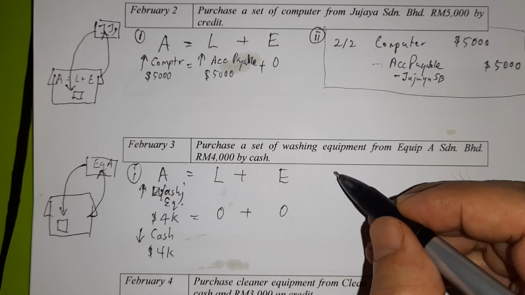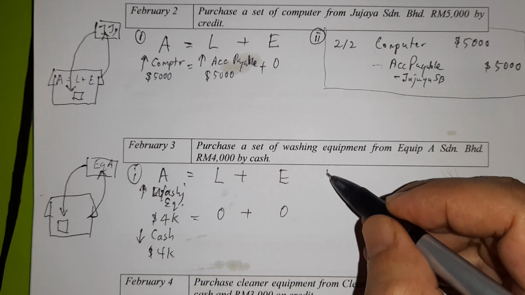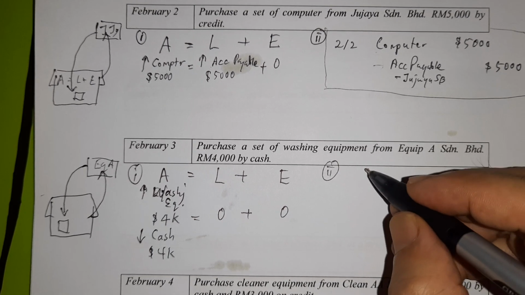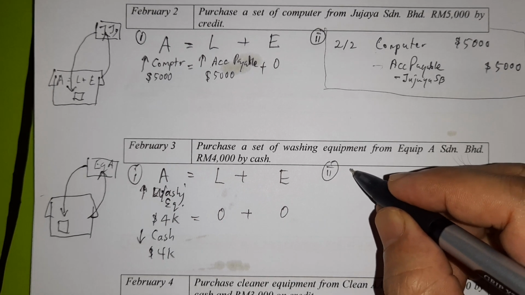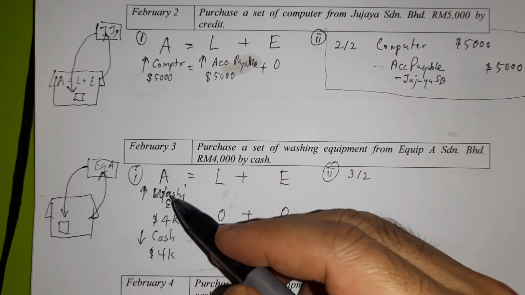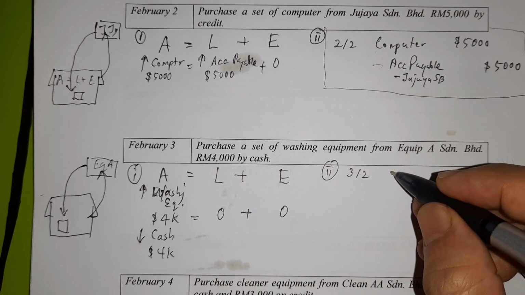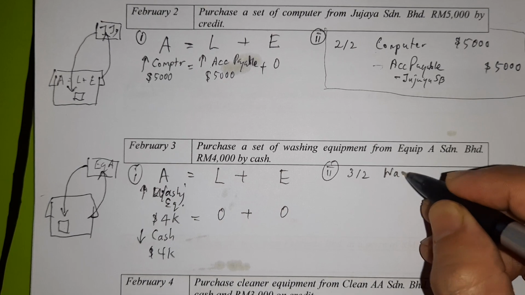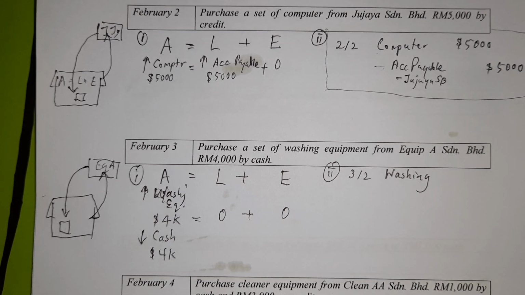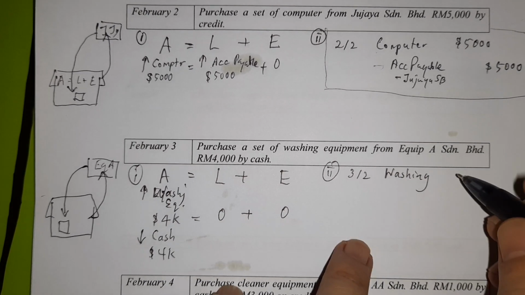So now, how to do the journal entry? Journal entry is like this. The date is 3rd of February. Asset increase, you debit. So debit account washing equipment.